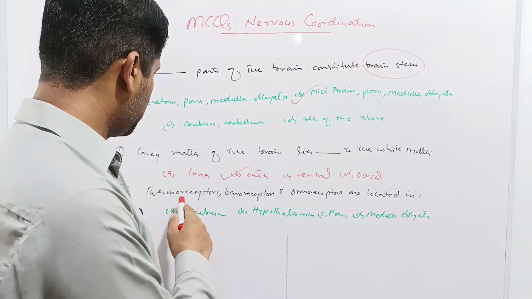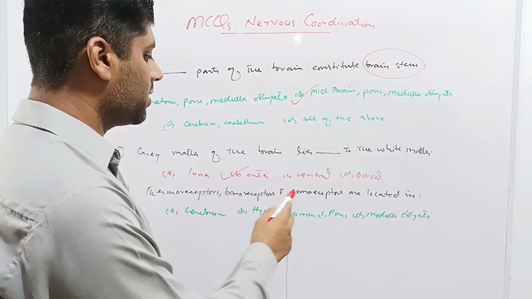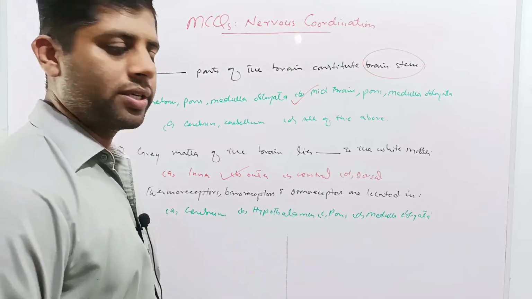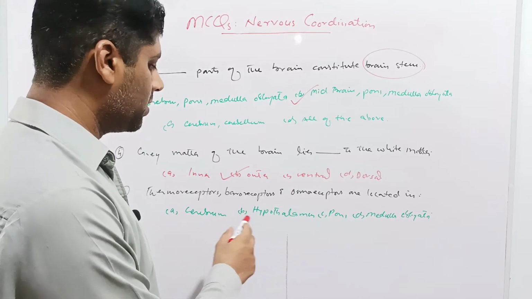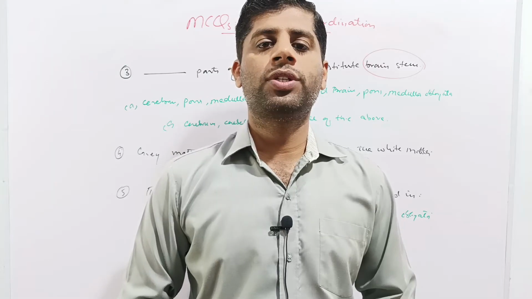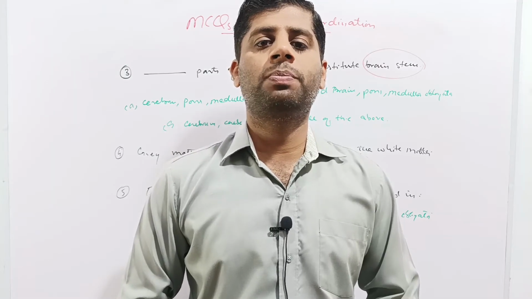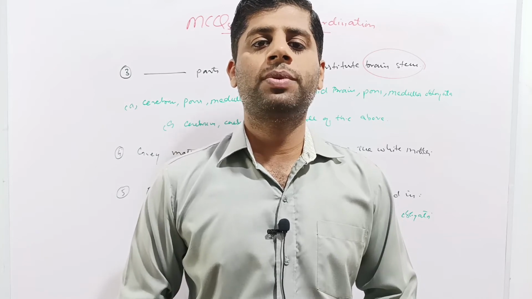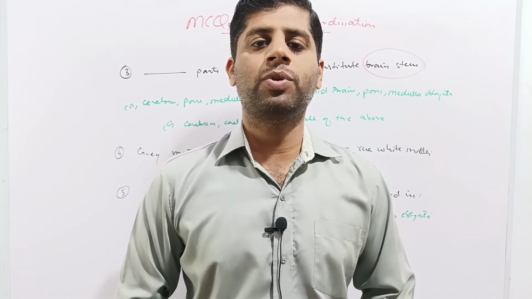Next question is, thermoreceptors, baroreceptors and osmoreceptors are located in dash. Given options are cerebrum, hypothalamus, pons or medulla oblongata. It's an important question which reveals the significance of a particular part of the brain which has baroreceptors, osmoreceptors as well as thermoreceptors.